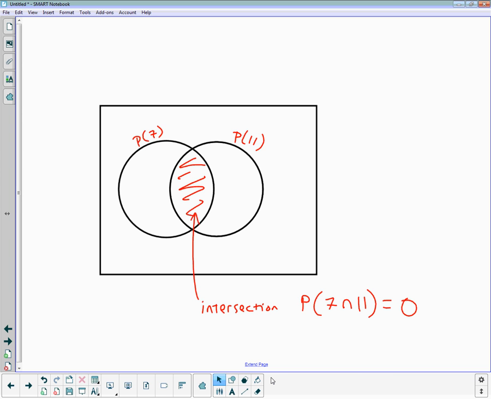I can modify my Venn diagram to deal with 2 events that are what we call disjoint. They don't have anything in common. There is no chance that both events will happen at the same time.